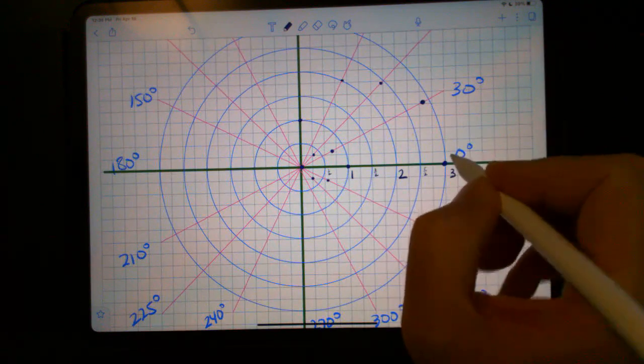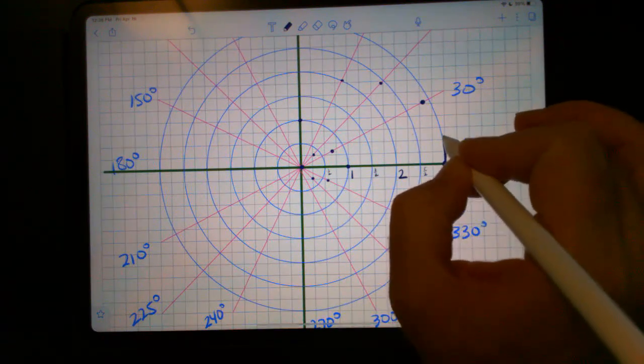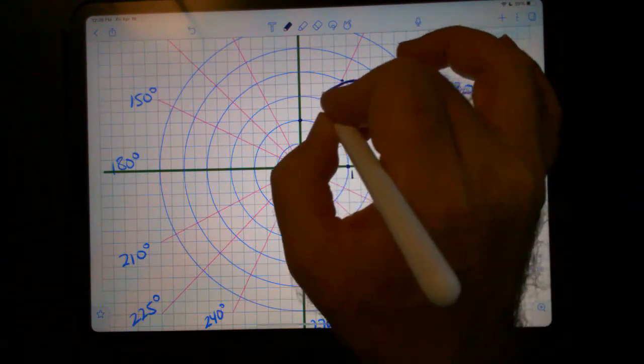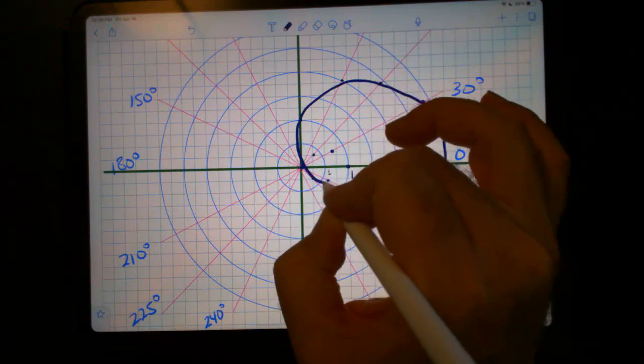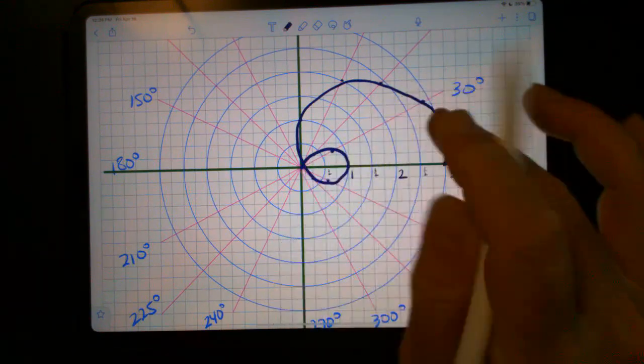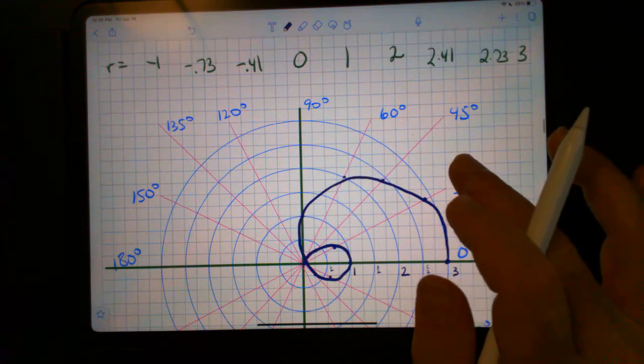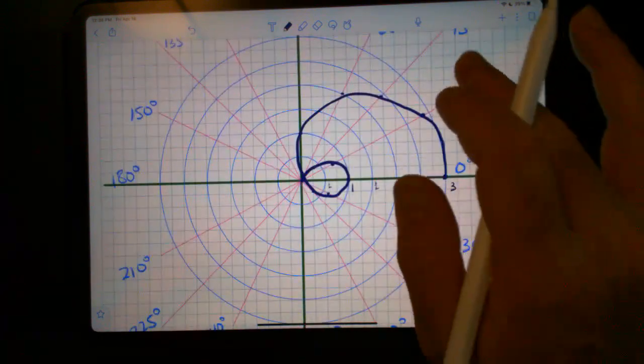Better draw some of these dots. Three pi over 2 is 1.